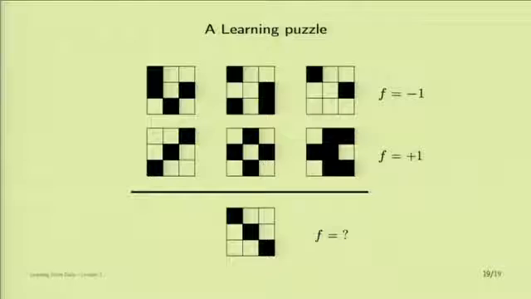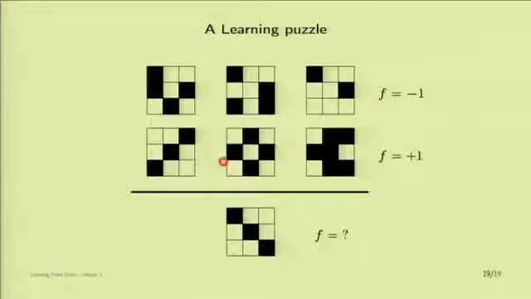What is above the line are the training examples. I put the input as a 3x3 pattern in order to be visually easy to understand. But this is really just 9 bits worth of information. And they are ones and zeros, black and white. And for this input, and this input, the value of the target function is -1.